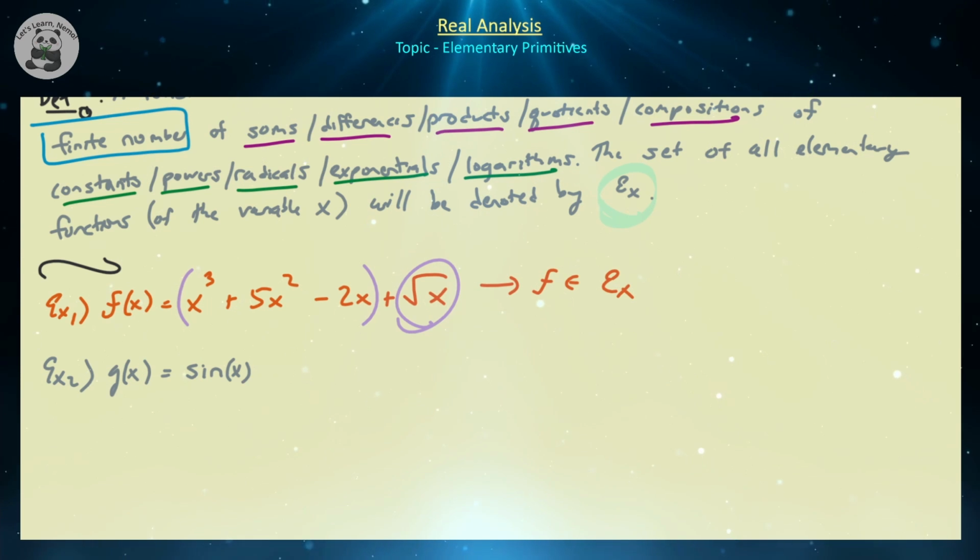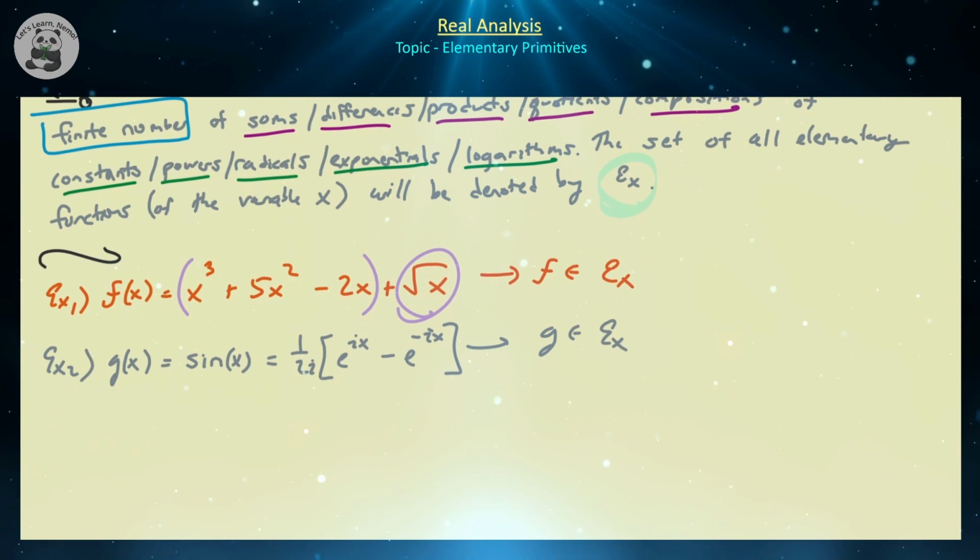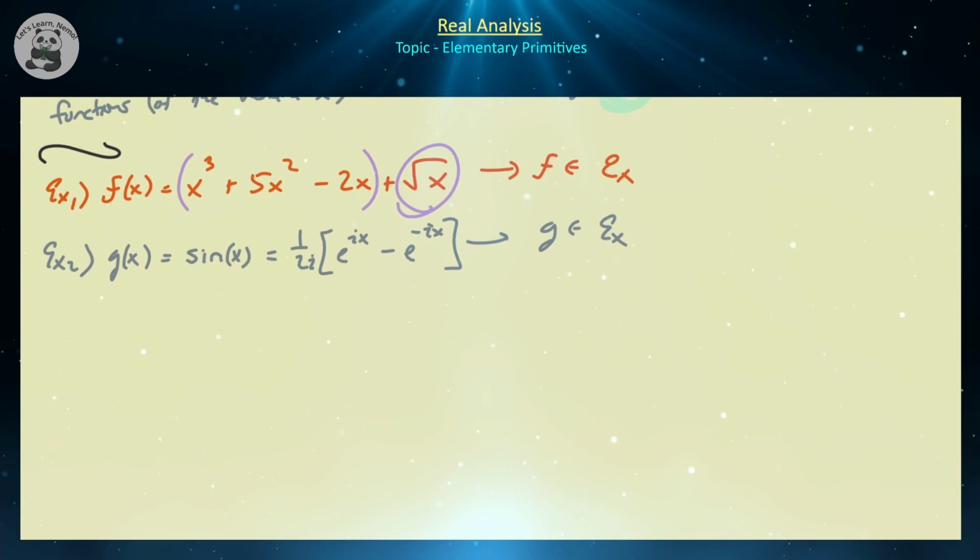If you remember the complex representation, we can write this as 1/(2i) times (e to the ix minus e to the minus ix). That is a finite sum, difference, and quotient, if you view 2i as a function, of elementary functions. So that means sine, and similarly cosine, is an elementary function.